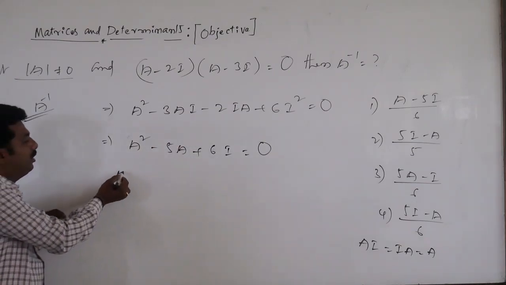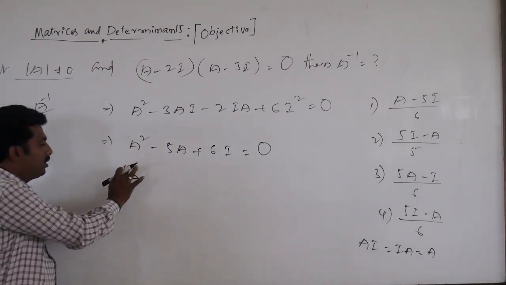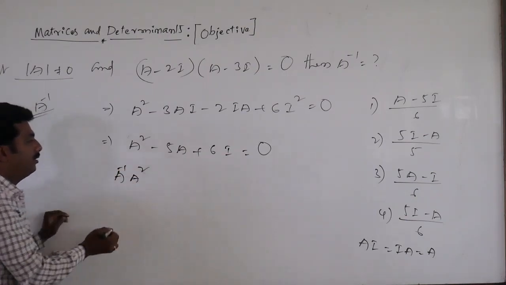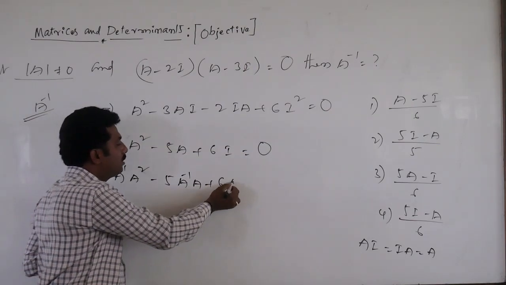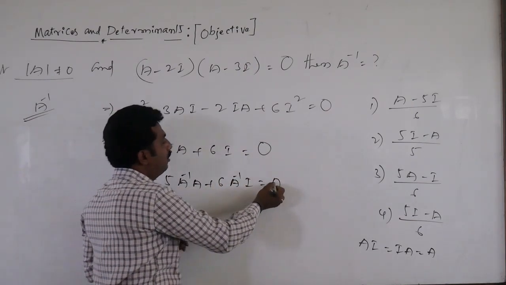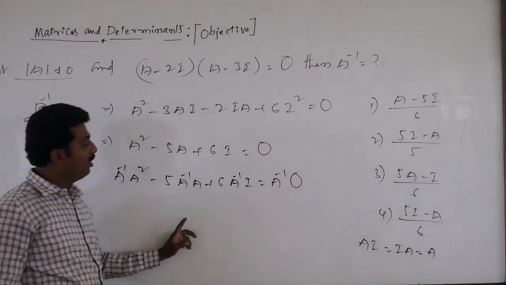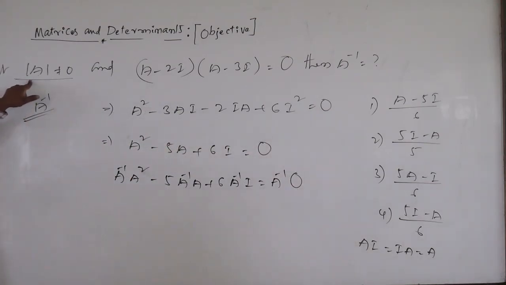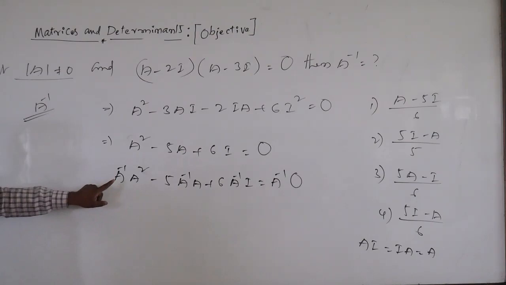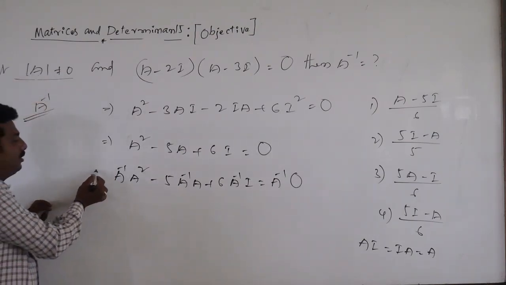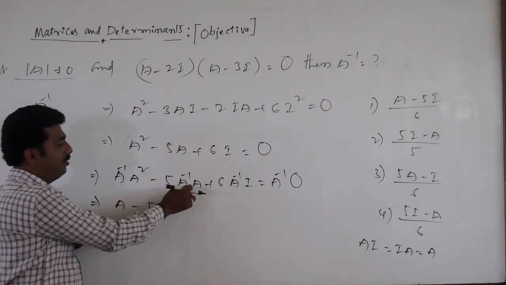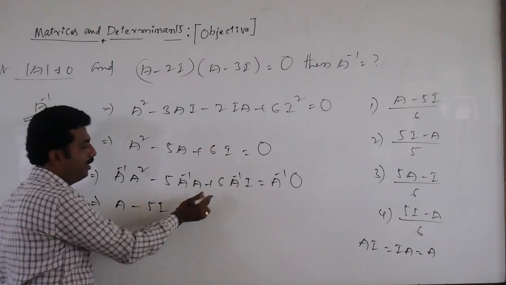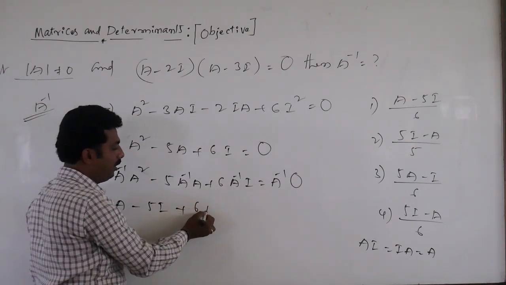Operating with the A inverse: A inverse into A square, minus 5 into A inverse A, plus 6 into A inverse identity, equals A inverse into null. This is the meaning of when we can operate with A inverse: if it is a non-singular matrix. Remember that point. So this becomes A minus 5 into A inverse into A means identity. A inverse into I means A inverse.